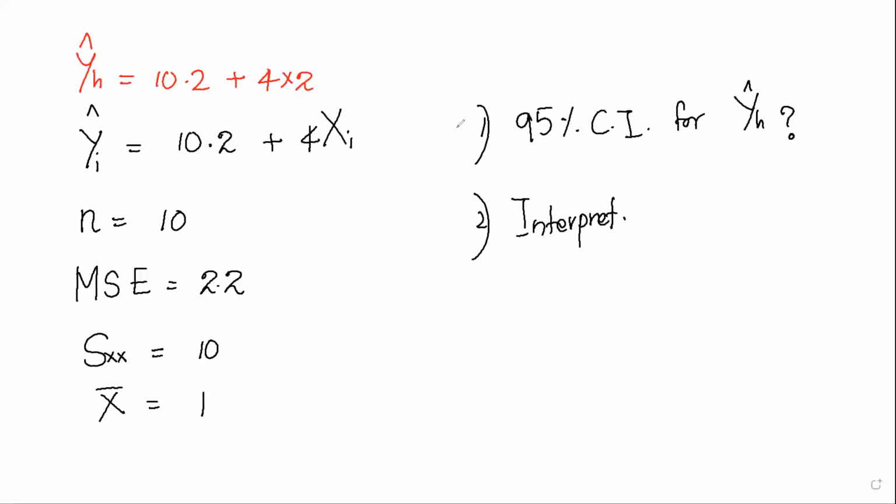And those who reached this one, try to interpret and send me the interpretation. I have taught you how to interpret a confidence interval when we were constructing confidence intervals for beta naught and beta 1, right? For regression parameters. The same way you have to interpret it.